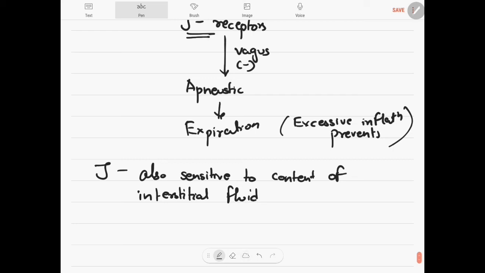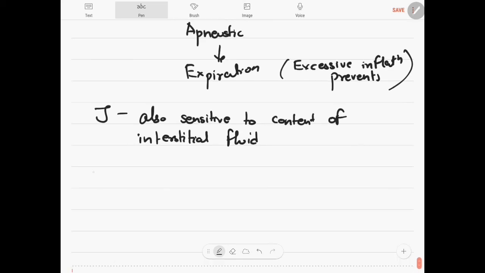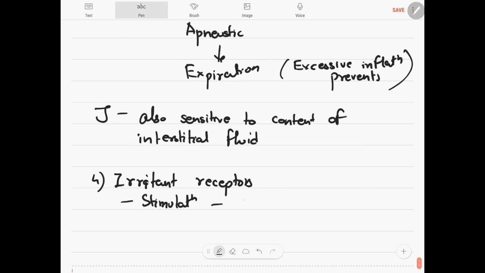The fourth factor which affects the centers is irritant receptors. They are present in the airways, and stimulation produces coughing and sneezing, to remove the particles or irritants in the lung.